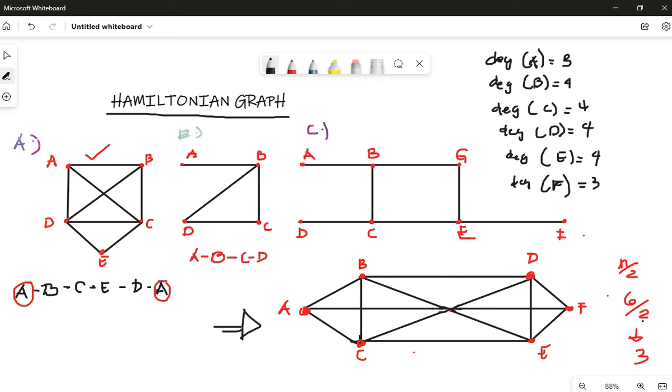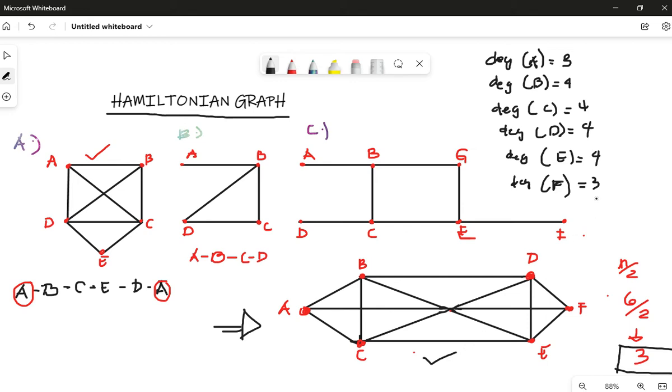Now, by Dirac's theorem, based on this graph, each vertex should have a degree of at least 3. Here we have 3, 4, 4, 4, 4, and 3. That means it satisfies our condition. Therefore, by using Dirac's theorem, this graph is considered a Hamiltonian graph.